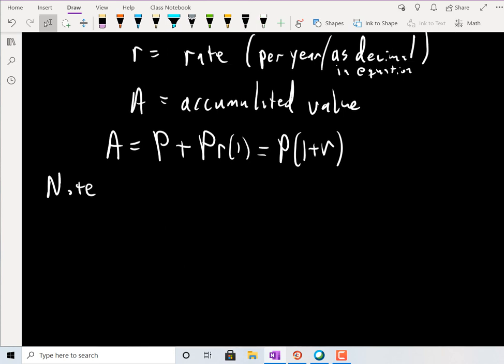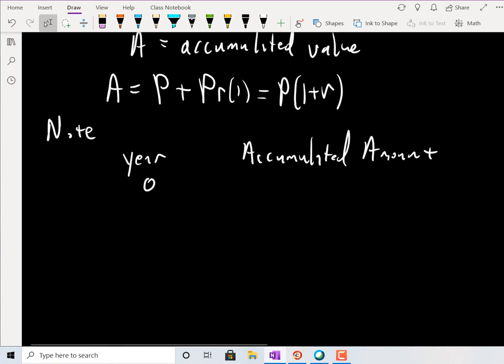Notice, we'll look at the year and then the accumulated amount. In year 0, let's say I'm putting P dollars into an account.